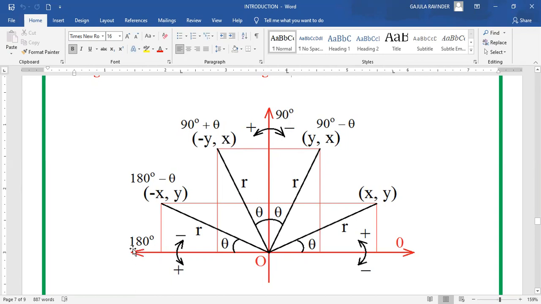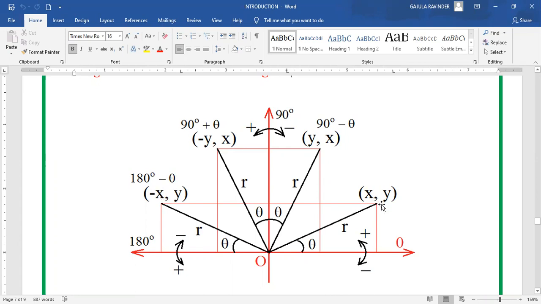And dear friends, this is the terminal ray of 180 degrees. So when this is the terminal ray of 180 degrees, adding theta in clockwise direction will give you angle 180 minus theta. Like that you can define angle 90 minus theta, angle 90 plus theta, angle 180 minus theta, with these terminal rays.